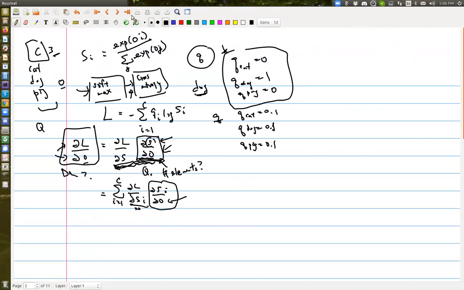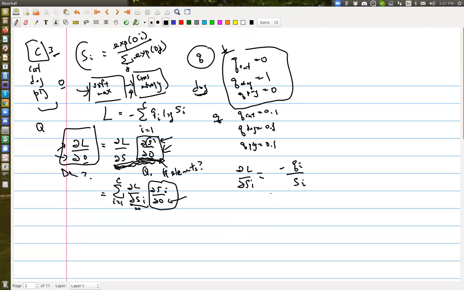S_i is here, and L is equal to this guy here, right? Therefore partial L, partial S_i is simply equal to minus Q_i over S_i. You agree with that, right?